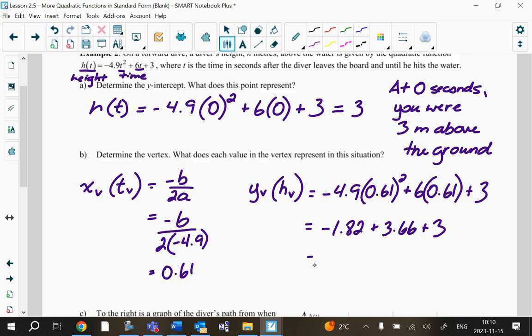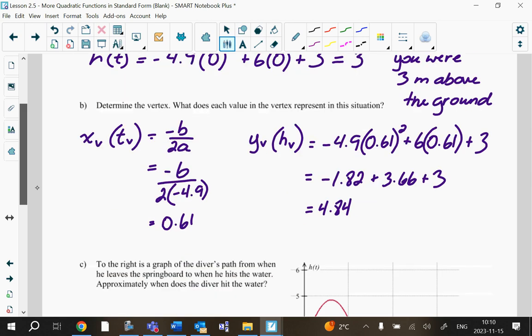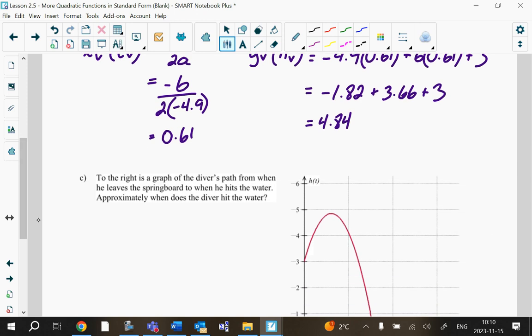So that means the vertex, we just found it. We know that this is the point 0.61, comma 4.84. Now again, it's not just about finding the vertex.